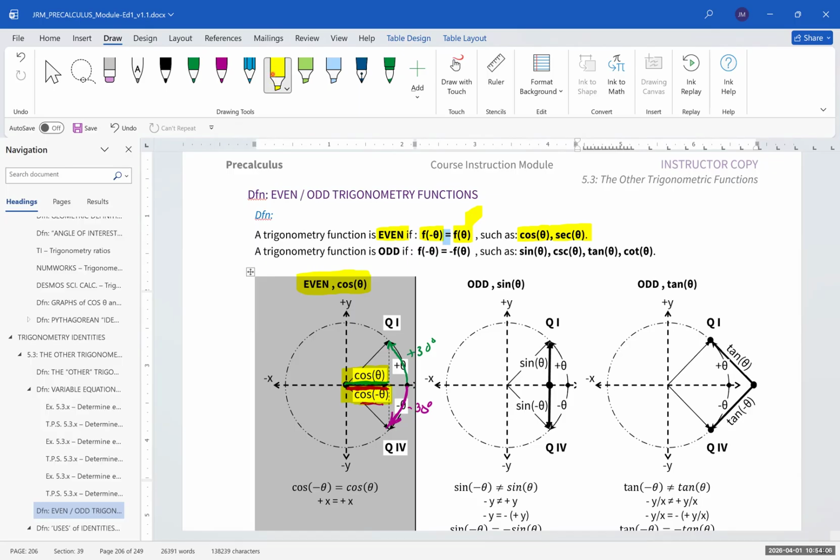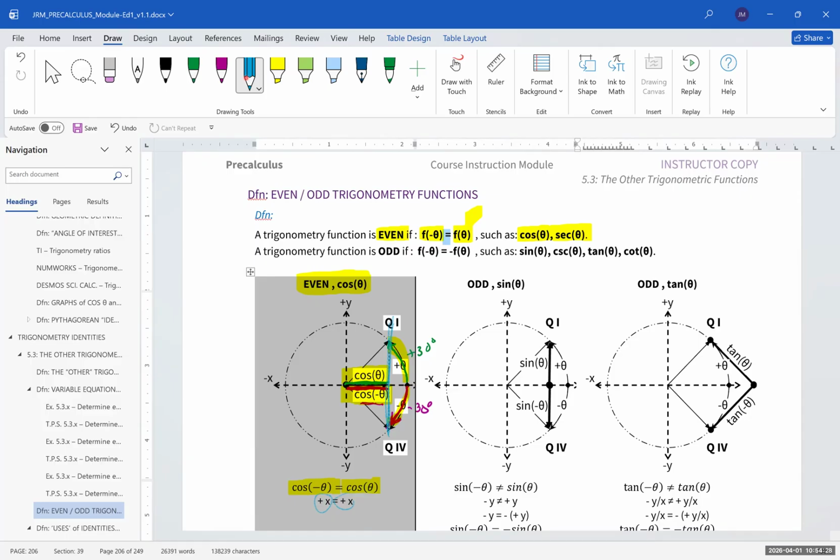So the cosine of negative 30 is equal to the cosine of positive 30. They have the same x value. They're both positive in this case.